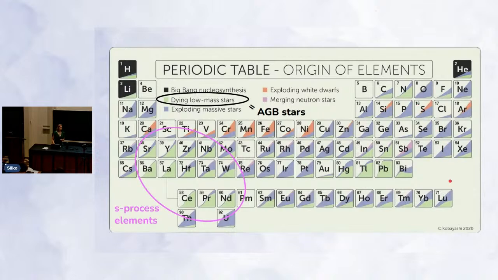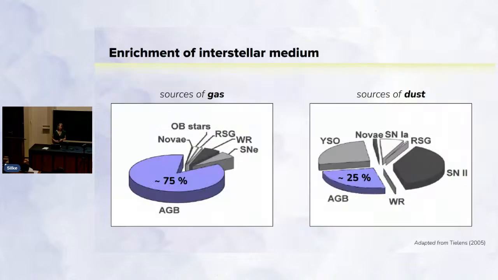And then we also have these S-process elements that I mentioned shortly before. These are heavier elements that are just produced, or mainly produced, by AGB stars, as you can see by the colors. So this means that AGB stars are very important in building this periodic table, and hence they are important in the enrichment of the interstellar medium.